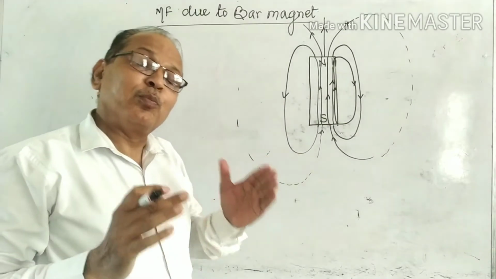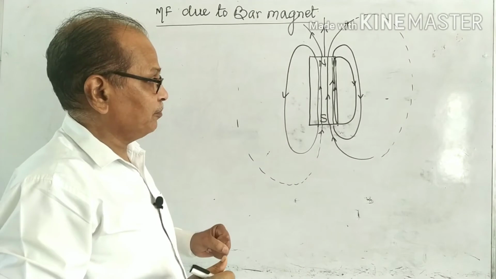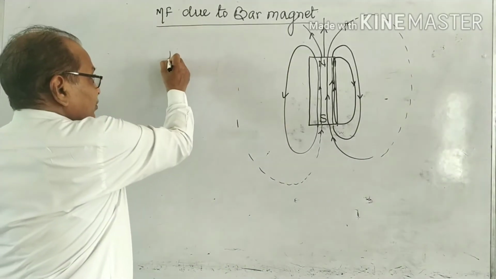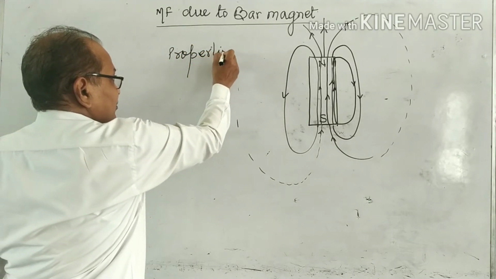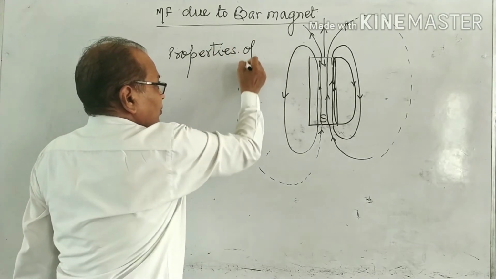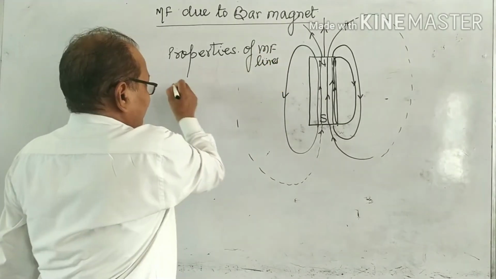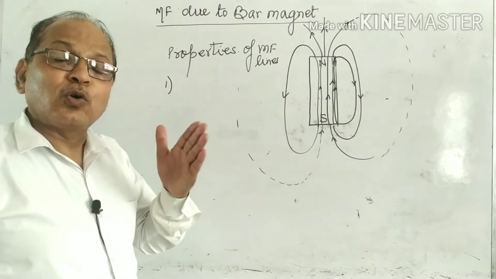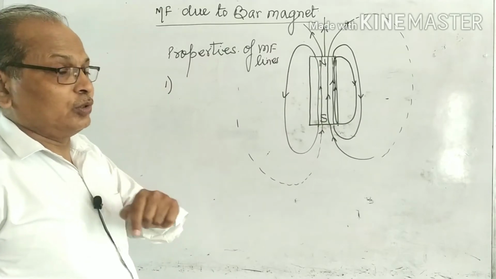Now as far as the properties of the magnetic field lines are concerned, see, first property of magnetic field lines. What is the property? They always originate from the north and end at the south.